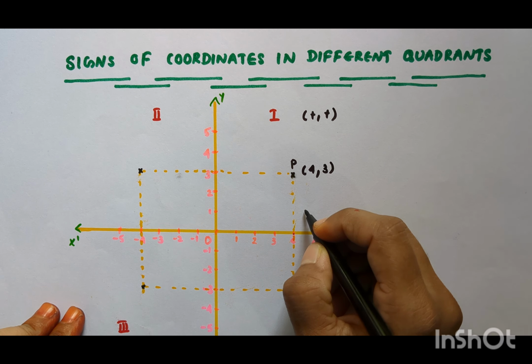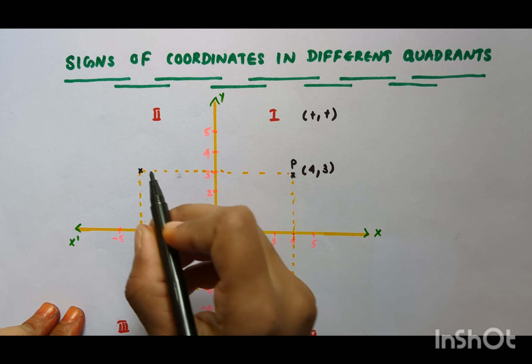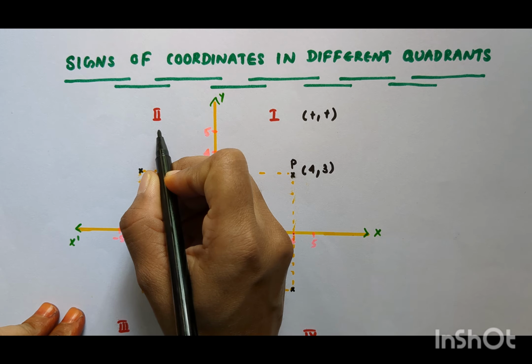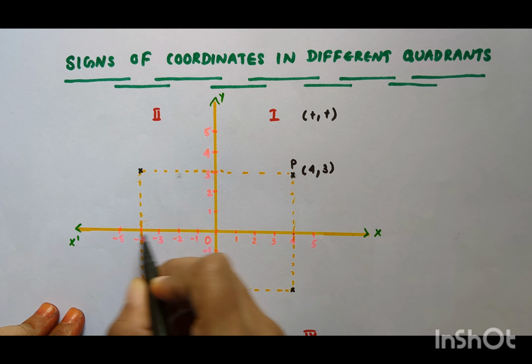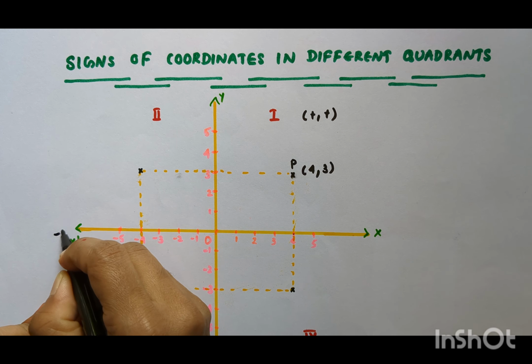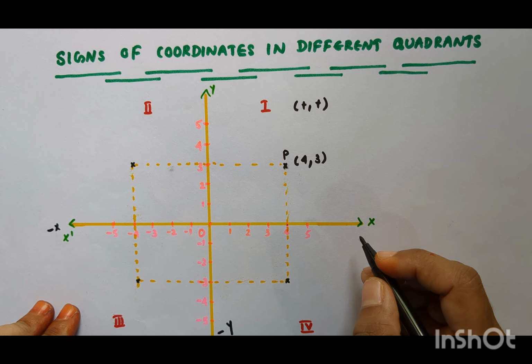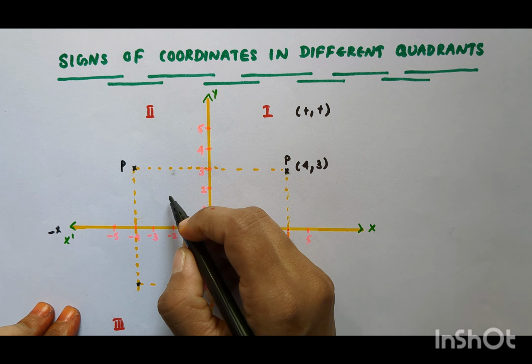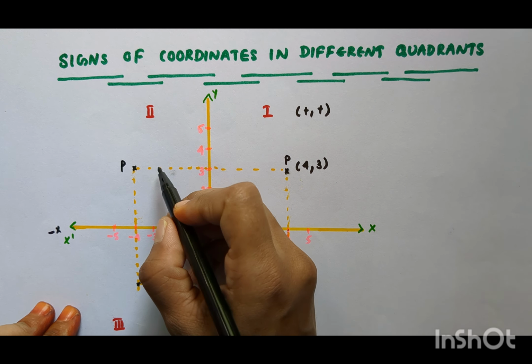Similarly, if we consider a point in the second quadrant, the second quadrant is enclosed by the negative x-axis and the positive y-axis. Here x dash is the negative x-axis, and y dash is the negative y-axis.